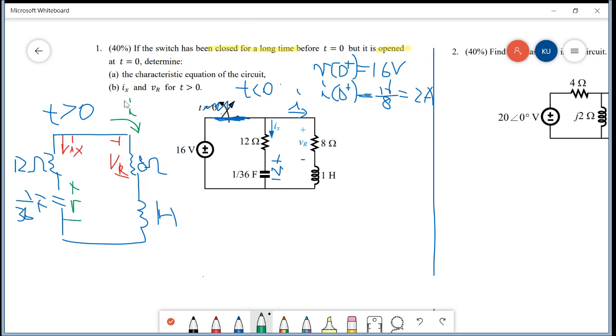The green variable is continuous, so it is easier to write, or it is not so easy to make mistakes if you write a differential equation according to this variable. But if you write an equation in this variable, it may be a little bit tricky.